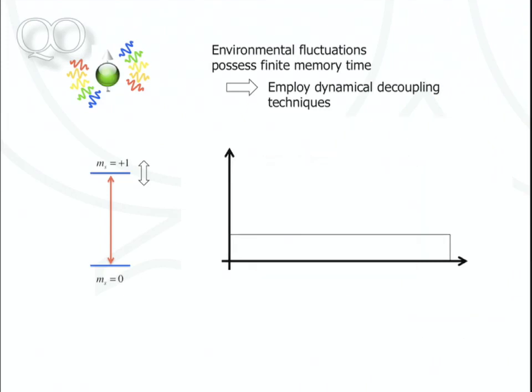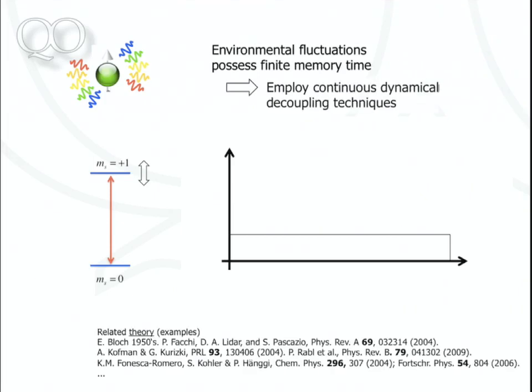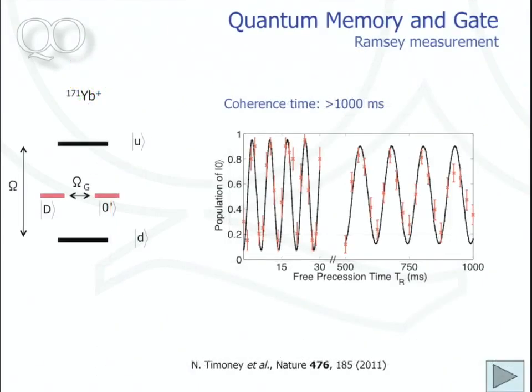So a continuous wave field, you just turn on a coupling field and keep it there. And yeah, there have been related proposals as early as in the 50s by Peter Rabel and other people to what I'm going to show you now.